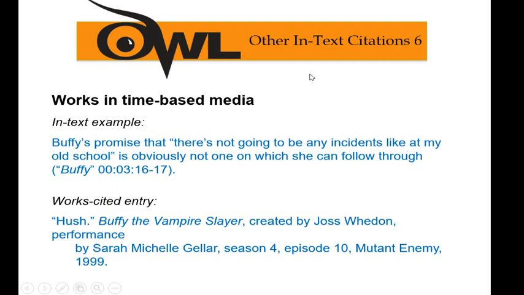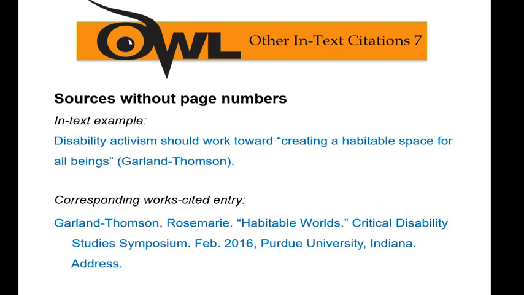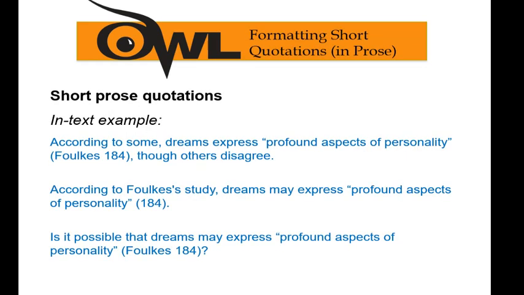Well, here I'm going to talk about the works in time-based media, works cited entry. You can see the different examples that we have here. So I'm going to upload these slides to Google Classroom for you to check more carefully.